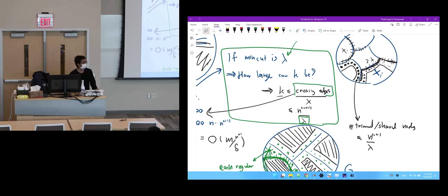Do you guys see how to do this? I don't see it. Maybe it's simple.